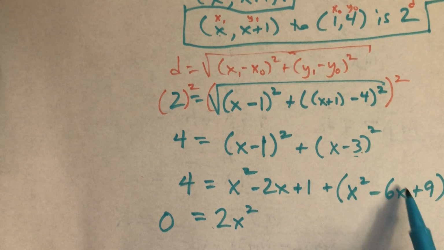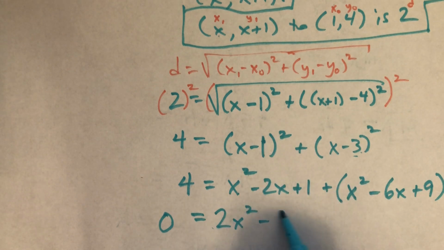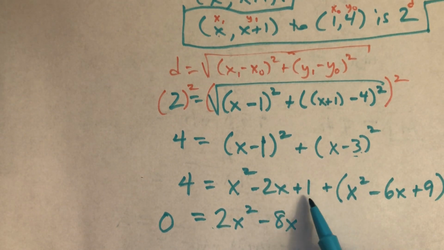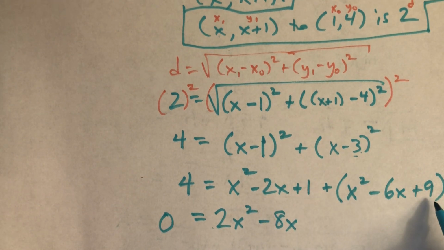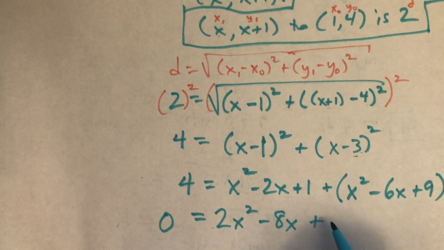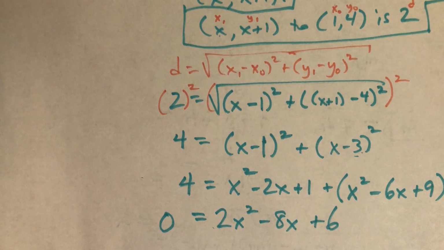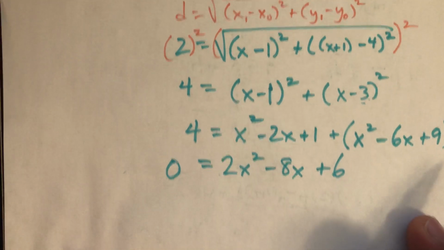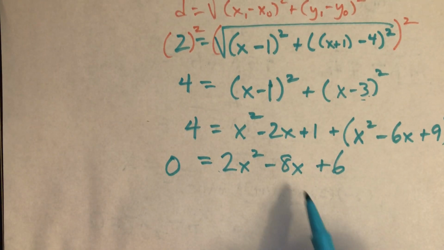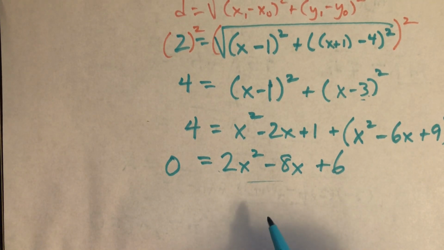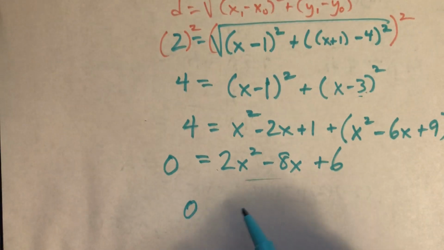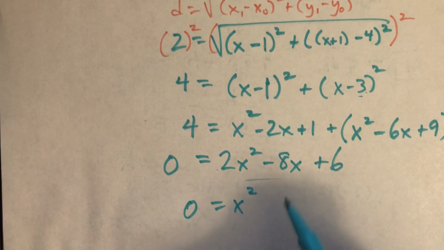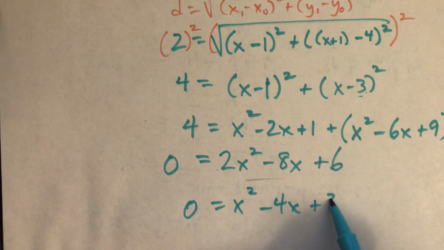We've got minus 6x there, so we got minus 8x. Okay, 1 plus 9 is 10, minus 4 would be 6. Okay, and now we can probably make our lives easier by just multiplying everything by a half, right? So a half times 0 is 0, and then we got x squared minus 4x plus 3.